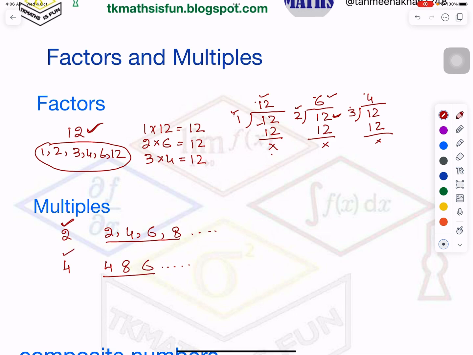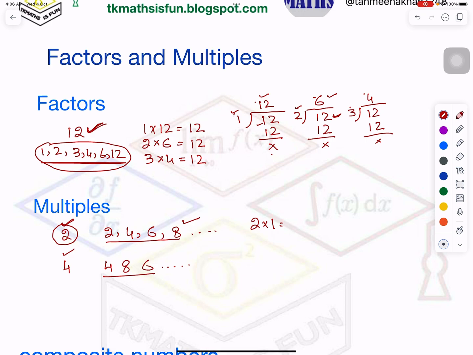That is very clear from the word multiples. You are multiplying, you are making it more. So multiples are always more than the number for which you are looking for the multiples. But in factors, the factors are always smaller than the number for which you are looking for the factors.